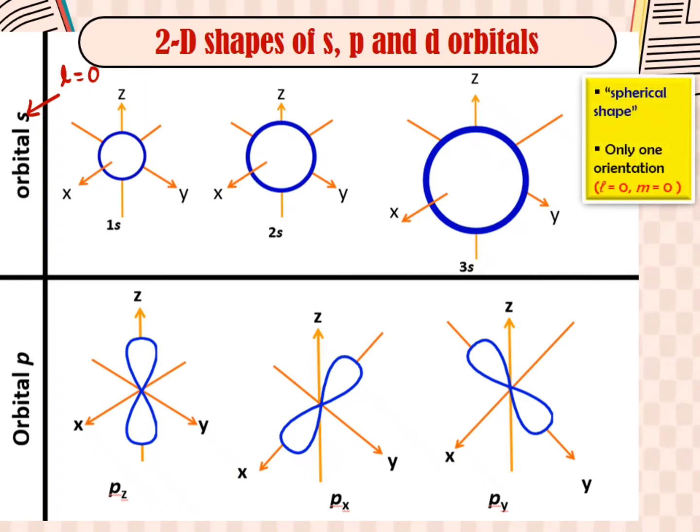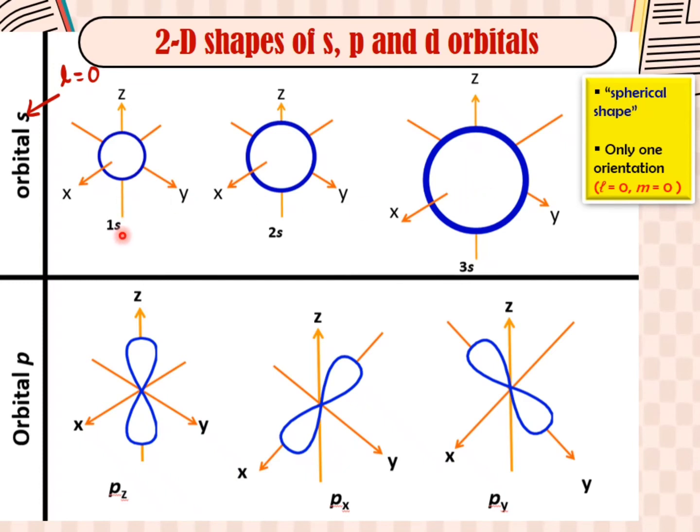So the shape is spherical shape. So you kena lukis dia punya axis ni ya. Z axis like this, x axis, y axis. Okay, shape dia adalah spherical shape. So only one orientation. Tadi saya dah bagi tahu, if l equal to 0, m equal to 0. Dia cuma ada satu sahaja shape, iaitu spherical shape.